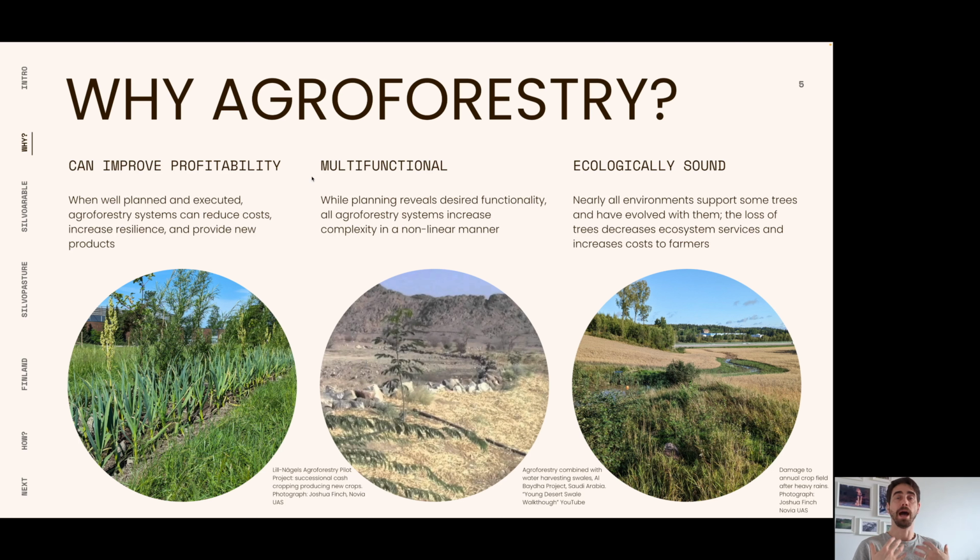Now, our landscape in Finland, coming back to Kirkkonummi actually, this is just downslope from that pilot project there. Agroforestry is an ecologically sound family of practices to choose from because our climate and our ecosystem here supports the growth of trees. It's one of the reasons why Finland is so covered in forests. It's because trees tend to grow fairly well here.